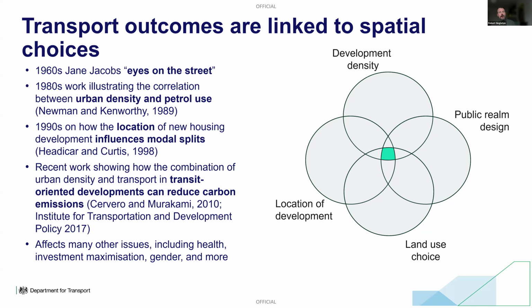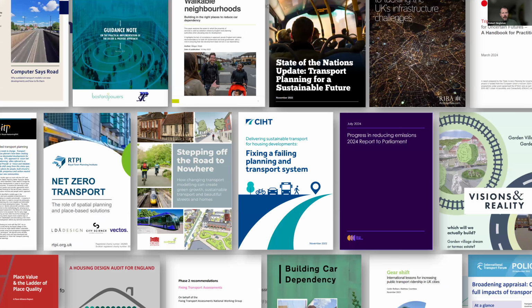Equally, spatial outcomes are linked intrinsically to transport choices. So when we choose to make an infrastructure investment, it can make a meaningful difference to the spatial outcomes for our communities. And this has been evident for decades. Next slide, please.